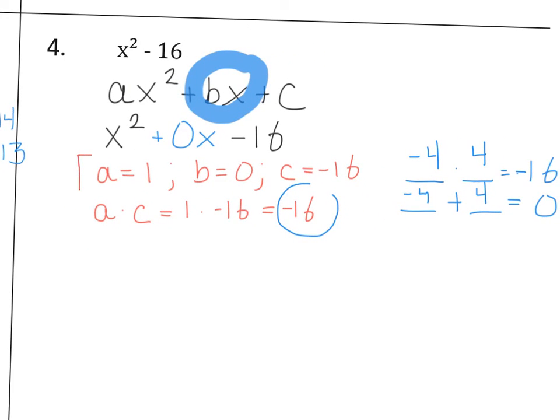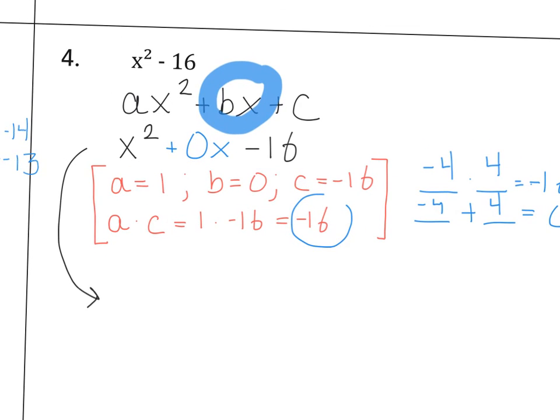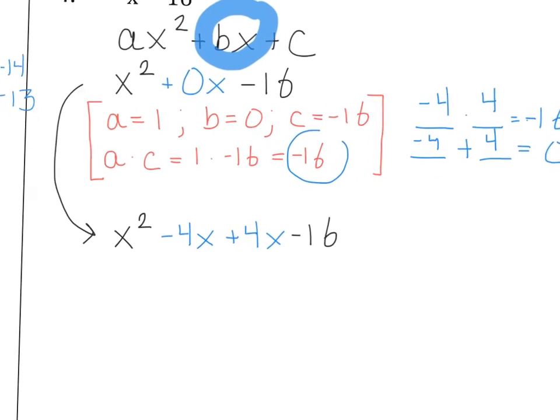Next step of our process is to rewrite our quadratic. Bringing this down, we have x squared minus 4x plus 4x minus 16. Negative 4x plus 4x does not change the value.